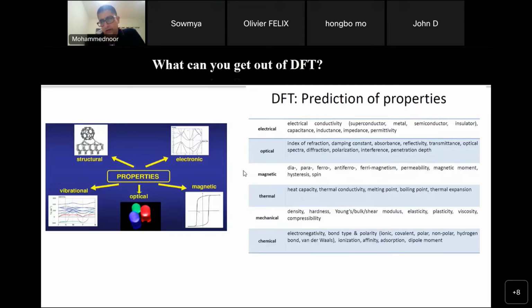Chemists also often use DFT, and I train my students to use DFT to calculate chemical properties, for example, the bond dissociation enthalpy, the affinity, the dipole moment, reaction rate constant, enthalpy of formation, and so on. So in general, we can use DFT to obtain five categories of properties: structural, electronic, magnetic, optical, as well as vibrational ones.